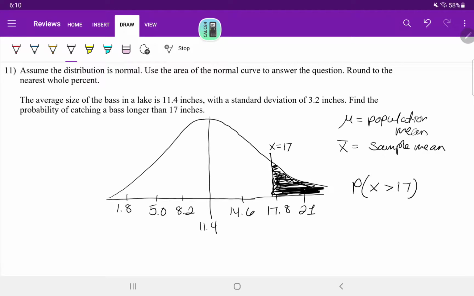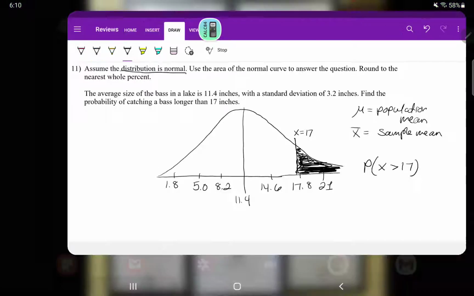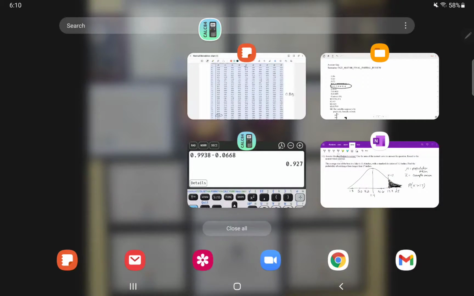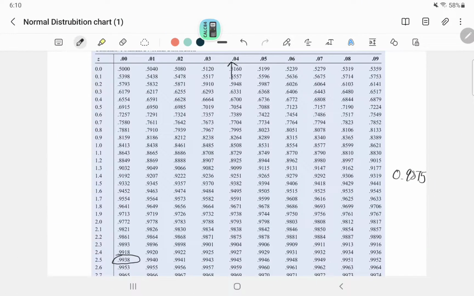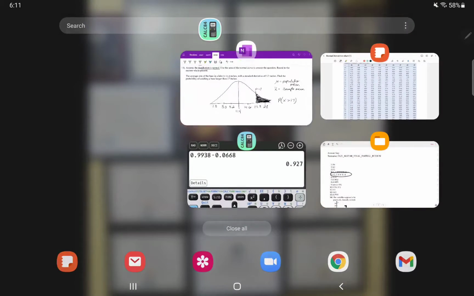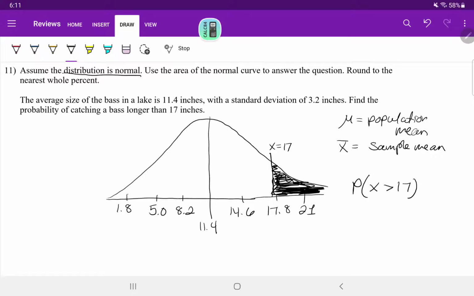Now, to find the probability of something that is normally distributed, we will be using the z-score table. However, for us to use the z-score table, we need to have a z-score, and right now we don't have one. But we can find our z-score from the question.